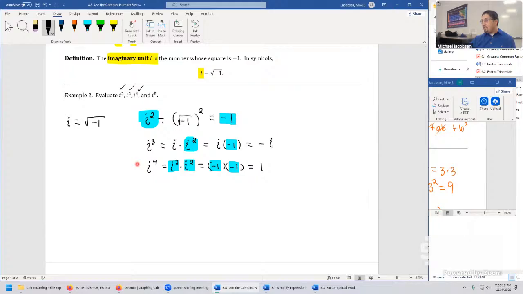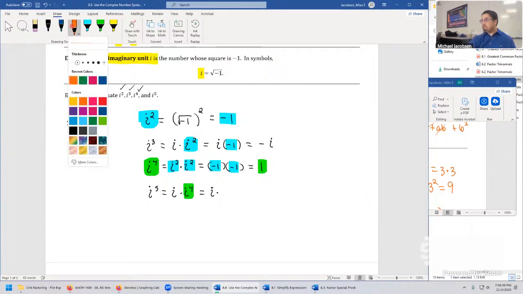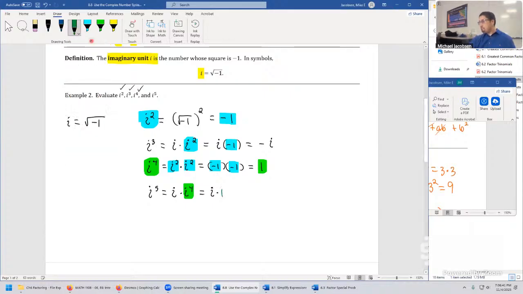So that's 3 down. And now if we do i power 5, i to the power 5 becomes i times i to power 4. And we know what i power 4 is. That's just a literal 1. So there's a 1 just right in that position. This becomes i times 1, and we just get i right back.